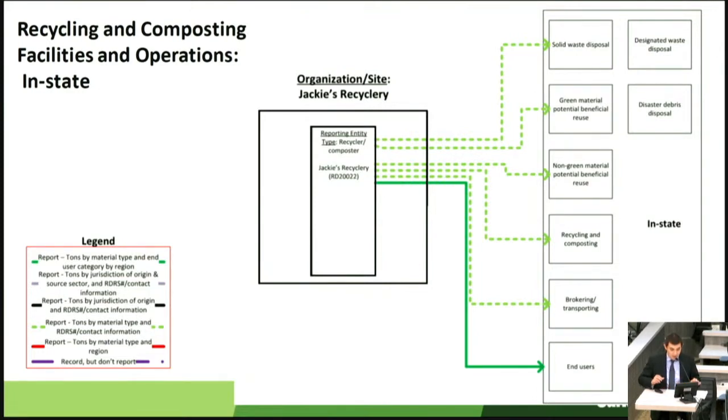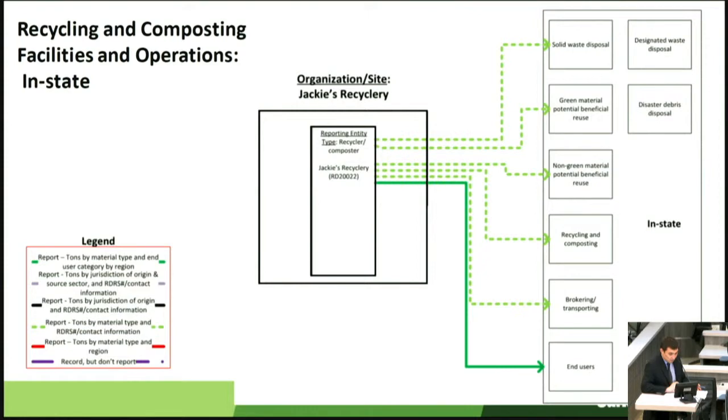Taking a look at what we have on the screen, the diagram here, Jackie's Recyclery. We talked about, we registered them in RDRS as the April 17th webinar as a recycler/composter. That corresponds to recycling and composting facilities and operations. The reporting requirements for those entities can be found in Section 18815.7 of Article 9.25.